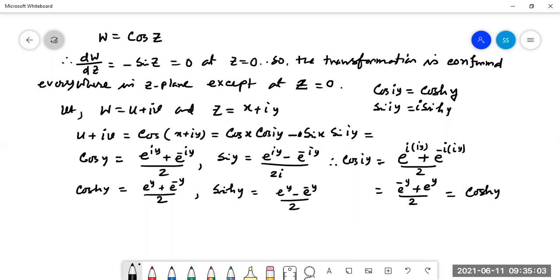Again, sin IY means e to the power I into IY minus e to the power minus I into IY by 2i, which is e to the power minus y minus e to the power y by 2i.